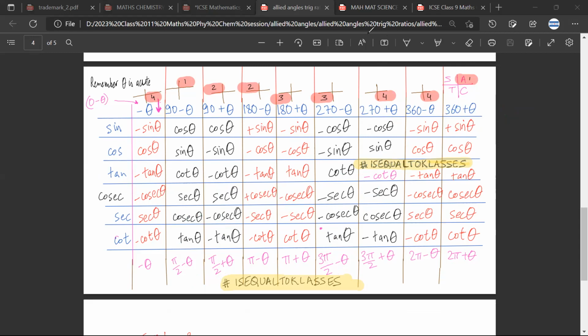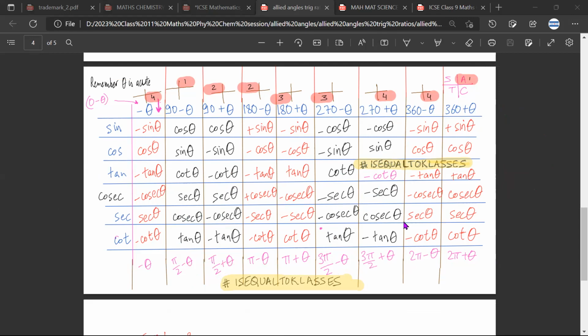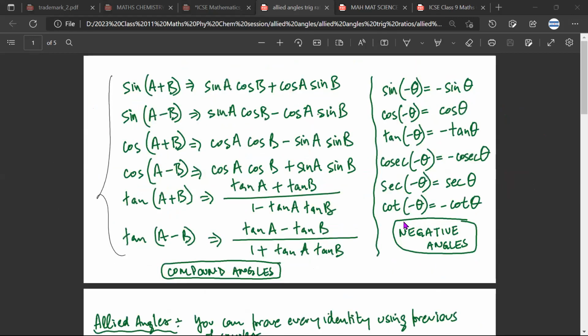Now the important thing for you as a medical student is to understand how this table works. That you have understood. But we also need to understand how these identities work.